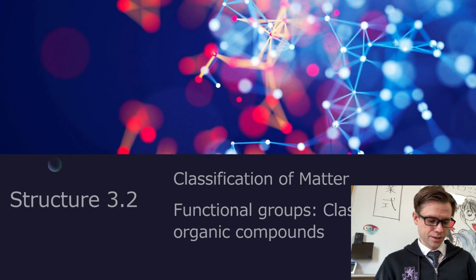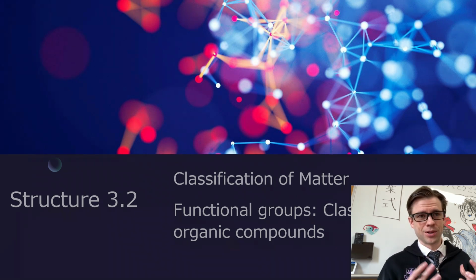So we're finally in structure 3.2. This is the last section of structure 3. Not only that, it's the last section of structure in SL chemistry. So once we're done this, we're going to be sort of done talking about how molecules and atoms exist and more focus on reactions. The next section is reactivity, the second half of the course.